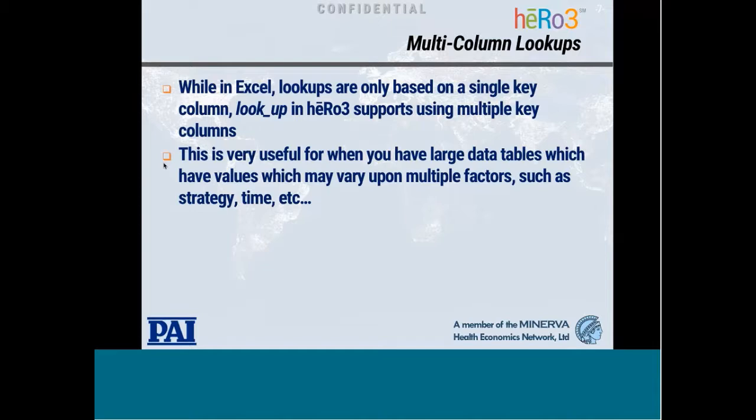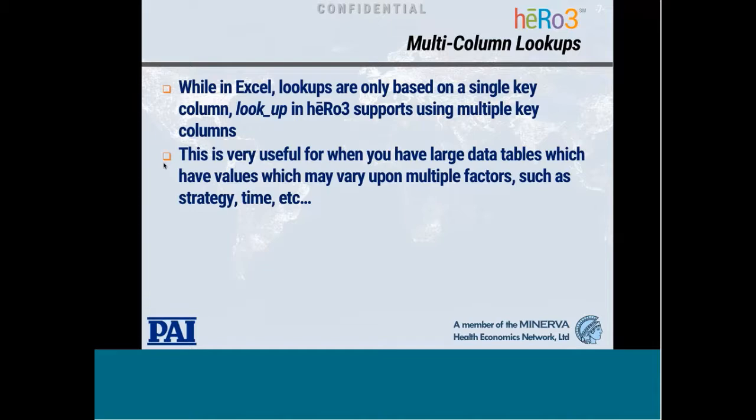So if you've got a long-form data table with multiple key columns, you can do a lookup and say, I want this value from that column, this value from that column, and it will pull the value from the appropriate row. That can allow for much more complicated lookups than Excel can do.